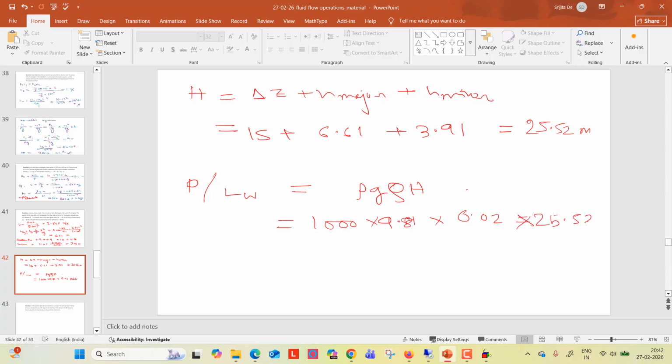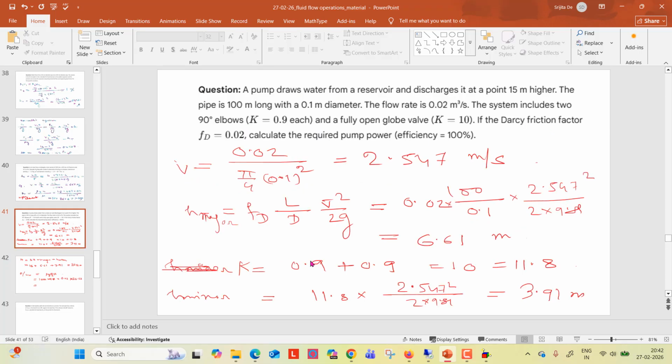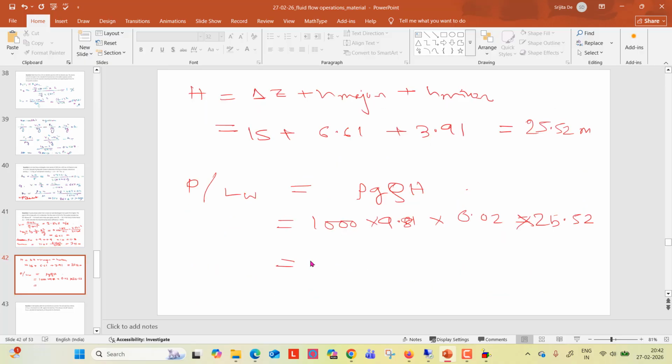This head calculation is important because it accounts for major losses, minor losses, and also the delta Z, the height difference. So it will be 5007.024 watt.